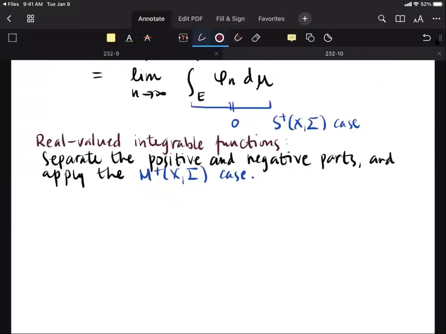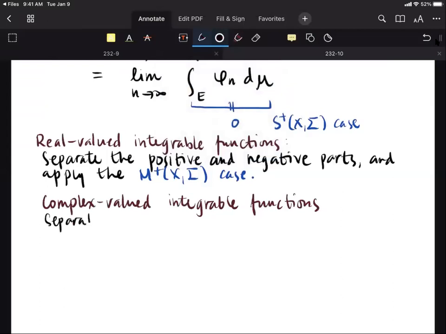Now, for complex valued integrable functions, a similar idea will be applied. That is, we separate the real and the imaginary parts, and apply the real case.